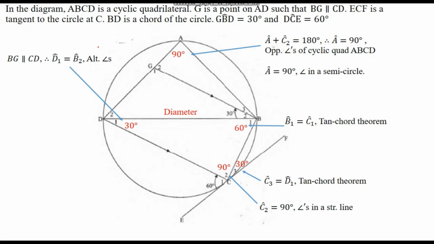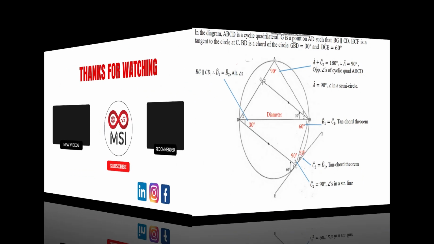Therefore you can say angle A is equal to 90 degrees, which is the angle in a semicircle. Therefore that is it. Thank you.